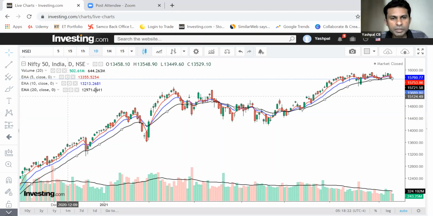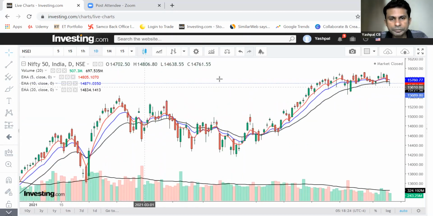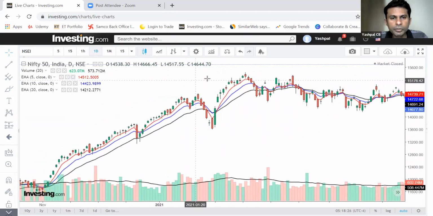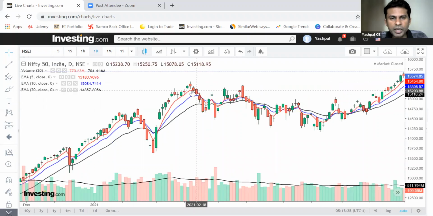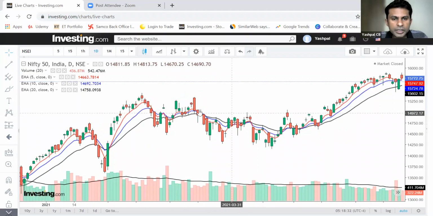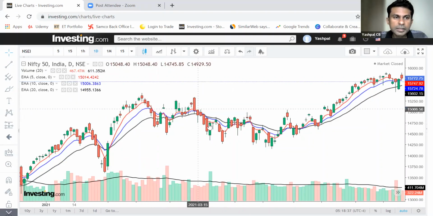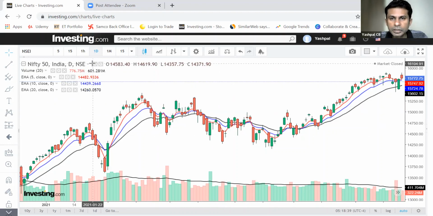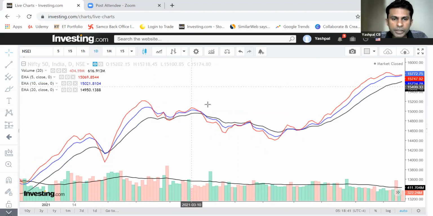One more interesting point is whenever you see 5 crossing below 10 and 20, then it is sell. You can see here 5 is red color, 10 is blue color, and black is 20.